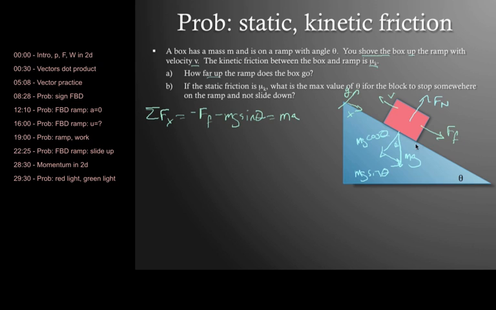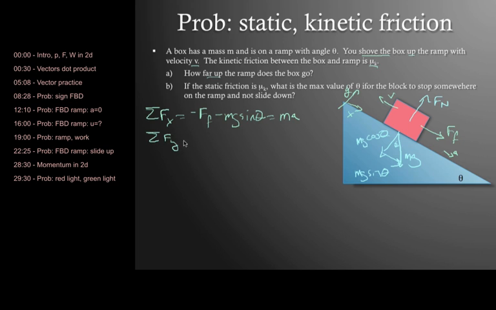When I shove the box up, nothing is pushing it up the ramp. Friction goes this way, mg goes this way. It just has a velocity to carry it up the ramp. So it's going to be slowing down, so the acceleration of the box is going to be this way. I better get a negative number for my acceleration.